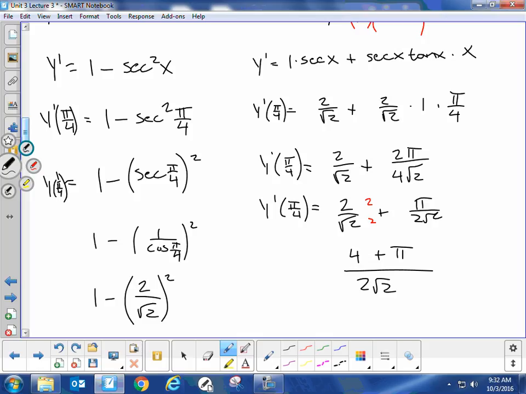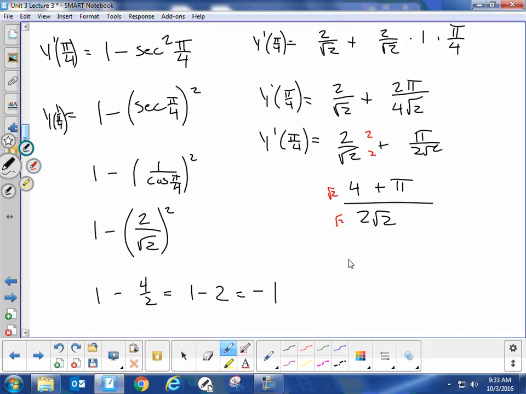I've seen situations where we've had to rationalize. You have to be prepared for everything on the AP exam. If you were to rationalize this, you'd multiply the top and bottom by root 2. You'd get root 2 times 4 plus pi over root 2 times root 2, which is 2 times 2, which is 4. Okay, maybe that's it.